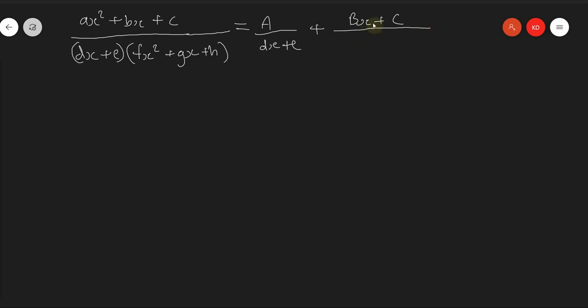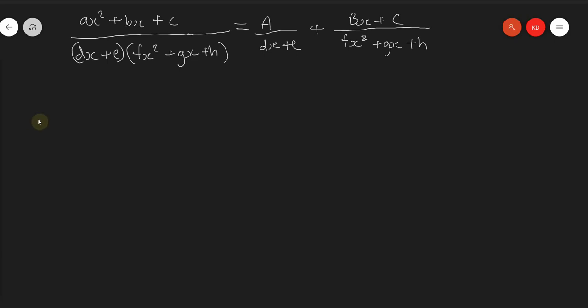That just means it will have some linear expression in the numerator. Over fx squared plus gx plus h. Good. Now we have that down.